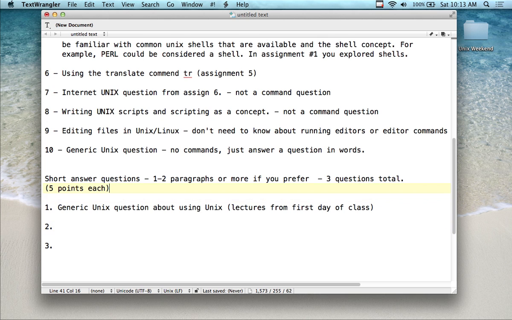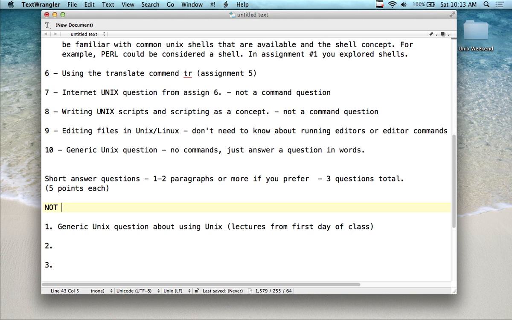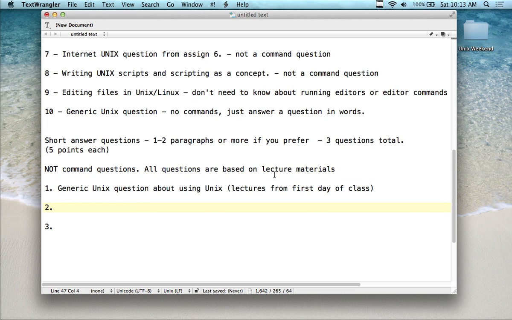So let's go and put here, not command questions. All questions are based on lecture materials. They're not command questions or assignment-related questions. They're on the lecture material. It's to see who was paying attention during the lectures.